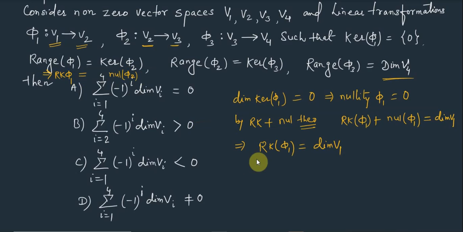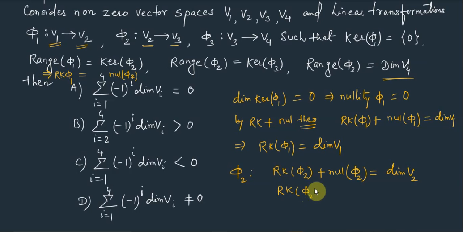So we again apply the rank-nullity theorem for phi2. Rank of phi2 plus nullity of phi2 is equal to the dimension of the domain V2. Now nullity of phi2 is equal to rank of phi1, so rank of phi2 plus rank of phi1 is equal to the dimension of V2.